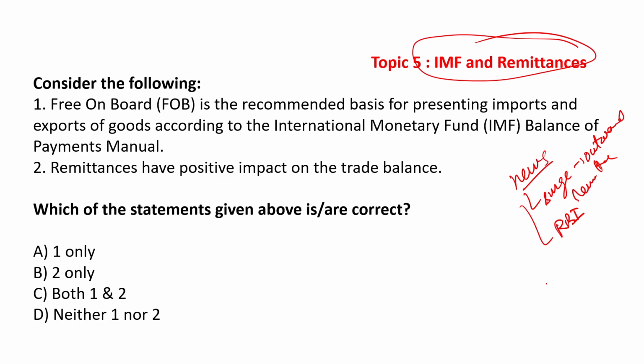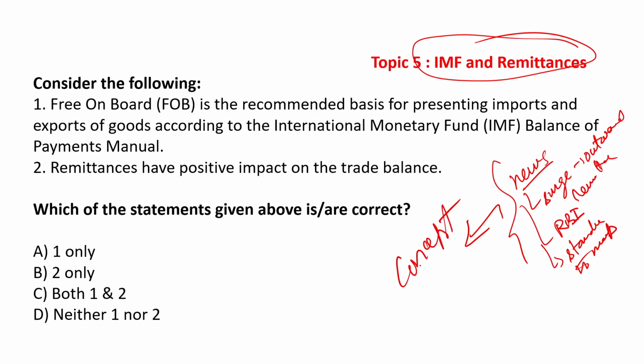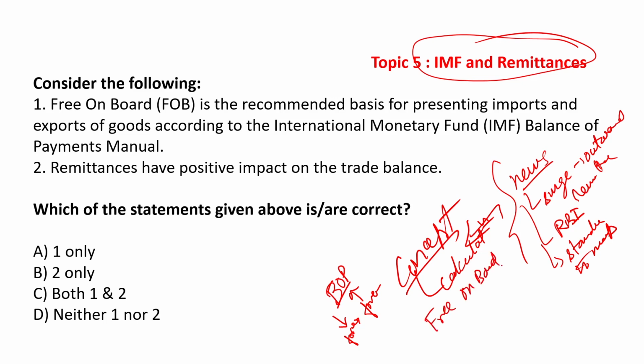They follow certain standards to map the remittances, the balance of payment, the inward forex and the outgoing forex, because otherwise it will be difficult to look at them. So there has to be a standard, right? And it is based on the free on board standards of the IMF. And hence these things are linking.